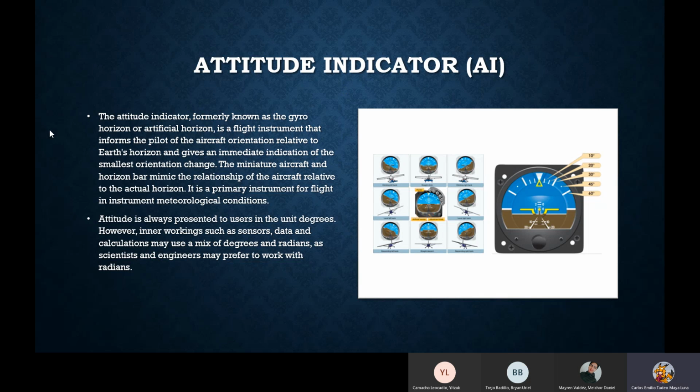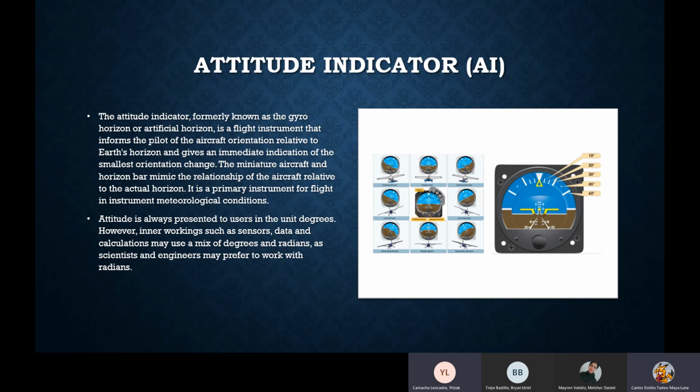The attitude indicator, AI. The attitude indicator, formerly known as the gyro horizon or artificial horizon, is a flight instrument that informs the pilot of the aircraft orientation relative to Earth's horizon and gives an immediate indication of the smallest orientation change. The miniature aircraft and horizon bar mimic the relationship of the aircraft relative to the actual horizon.